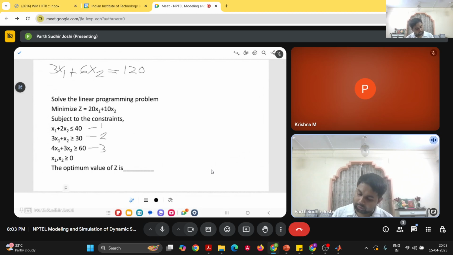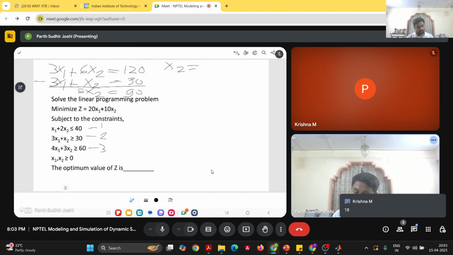And the next equation is 3x1 plus x2 is equal to 30. If we subtract equation 2 from 1, we will be left with 5x2 is equal to 90. So what will be x2 in this case? 18, right?